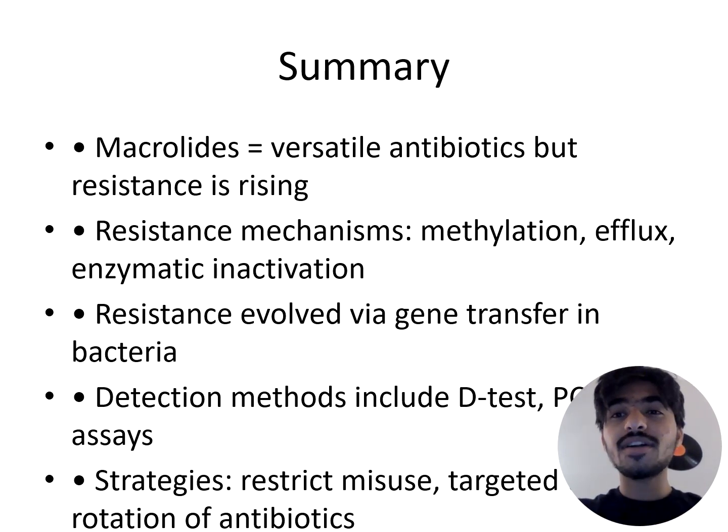The detection methods we talked about are the D-test, PCR assays, and MIC testing. For strategies, I told you to be careful with antibiotic use, rotate the drug classes, and restrict misuse in animal feeds. The overall message: we need responsible antibiotic stewardship to preserve macrolide effectiveness.